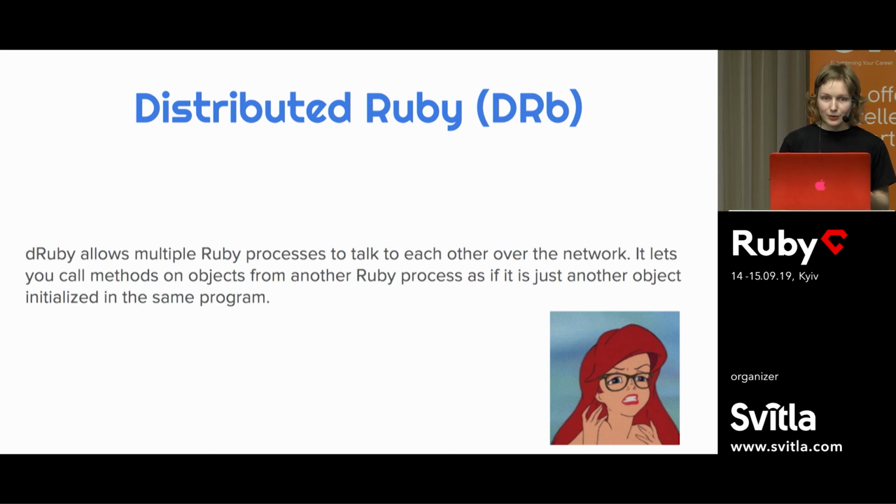This is not abundant, but it is used within Red Hat, as far as I know. Also, in the latest Rails, there is such a thing as parallel tests. In Rails 6, it also uses Distributed Ruby. So this thing is quite alive.